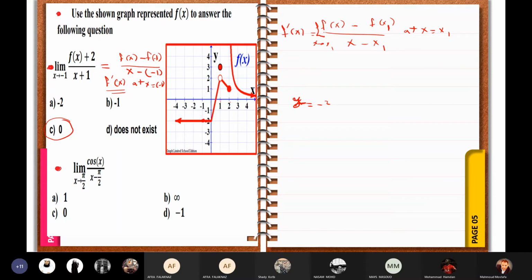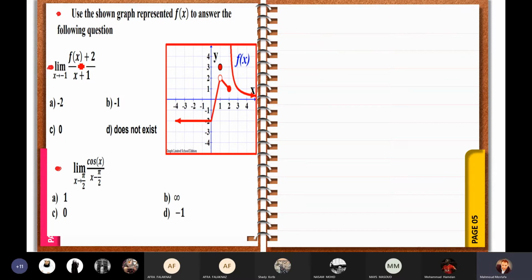Again, I know you need me to explain again. F of x, here I will put minus, so this one will be -2, correct? And down, x minus -1. F of x and x are the same. What about -2? We can replace it by f of -1, right?